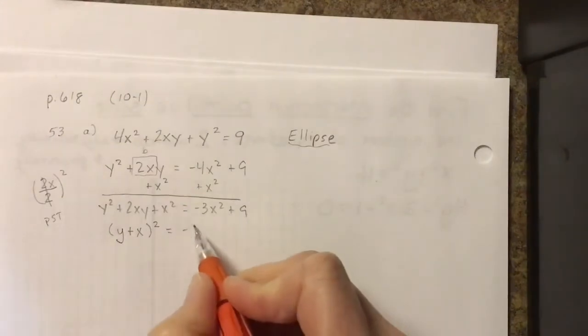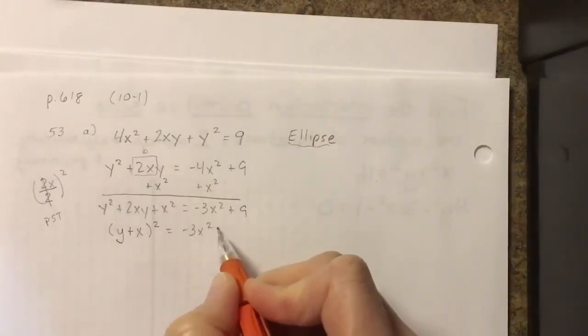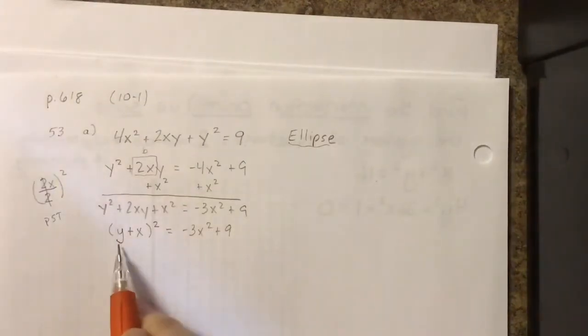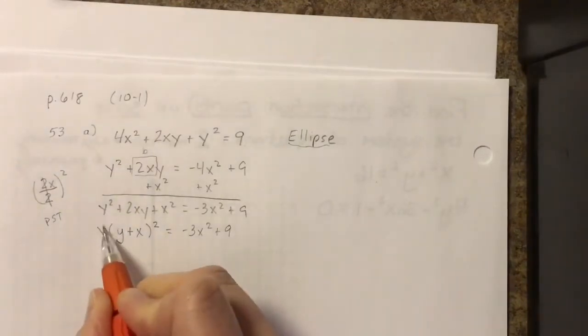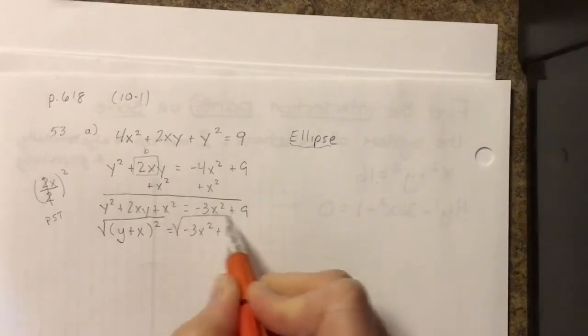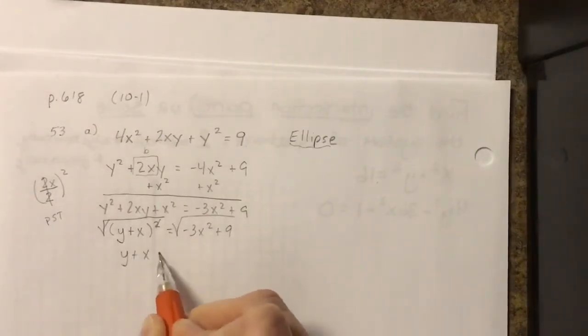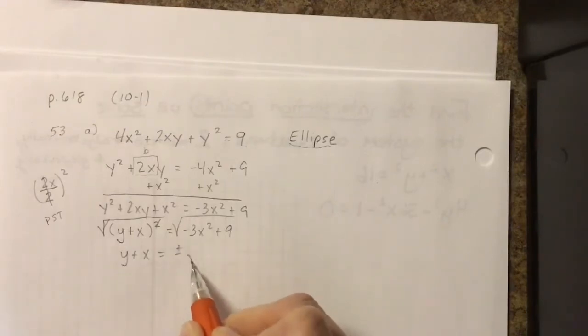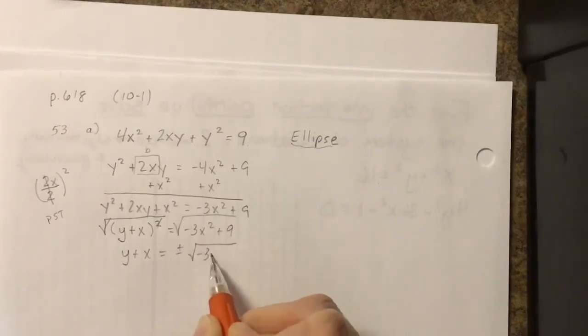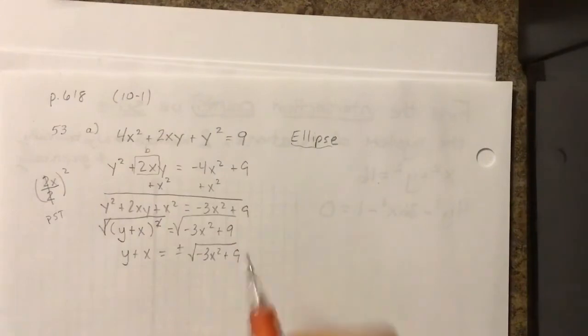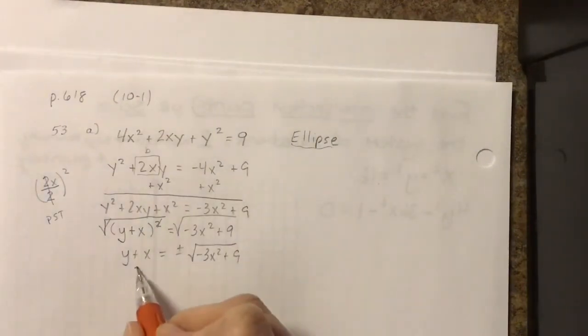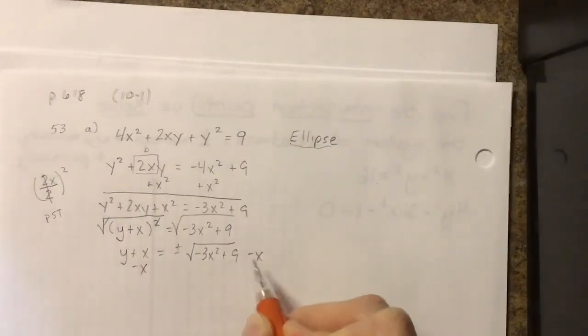Now, we rewrote it that way so that we can now solve for, remember, we're trying to solve for y. Two more steps. Opposite of squaring, which is the square root. And final step. Remember, when you square root it's positive and negative. Final step, subtract x.